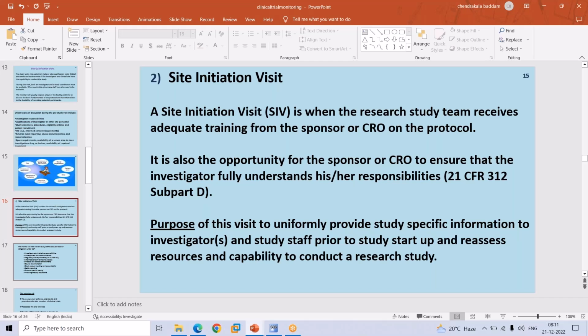Resources and capability are checked in the pre-study visit, but before we start the study, we recheck and reassess the resources and capability to conduct the study.